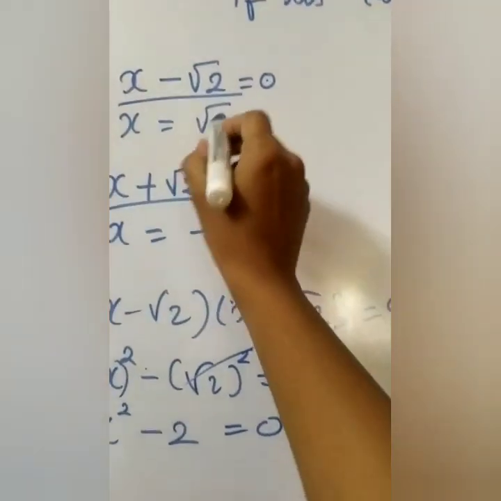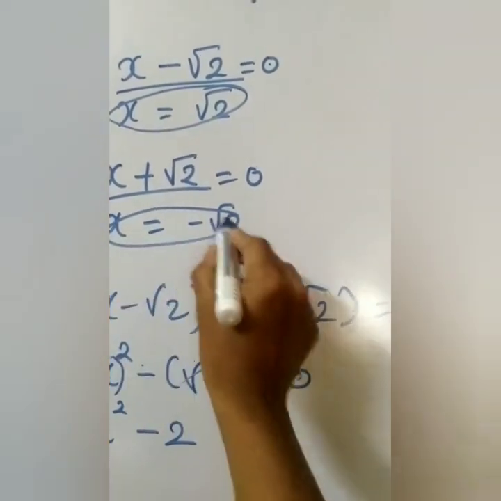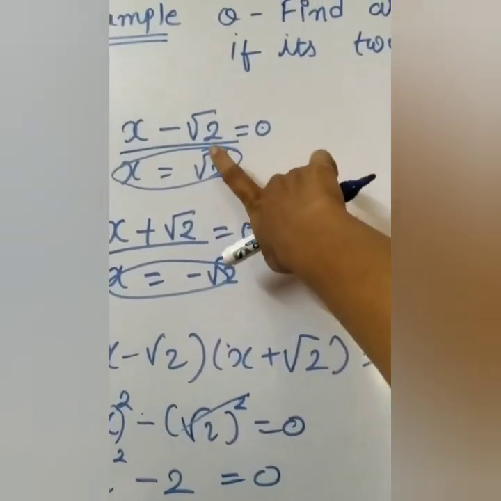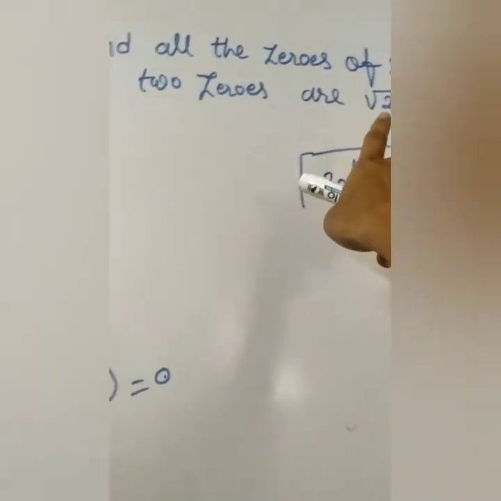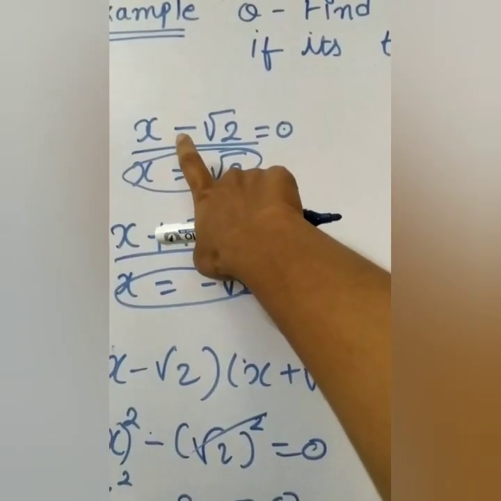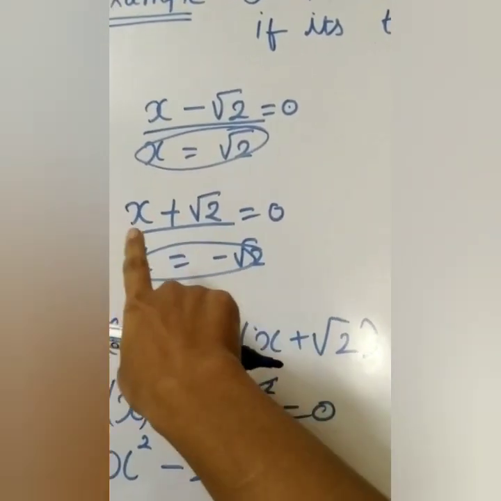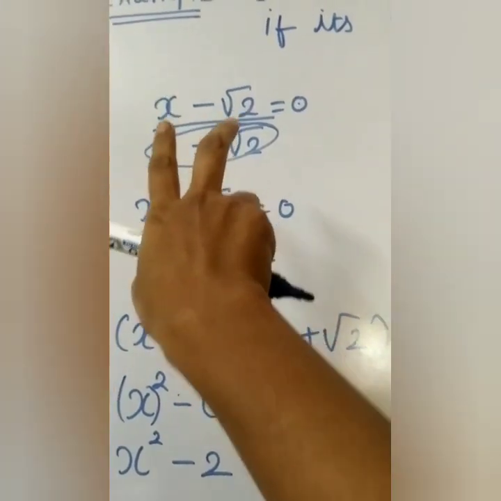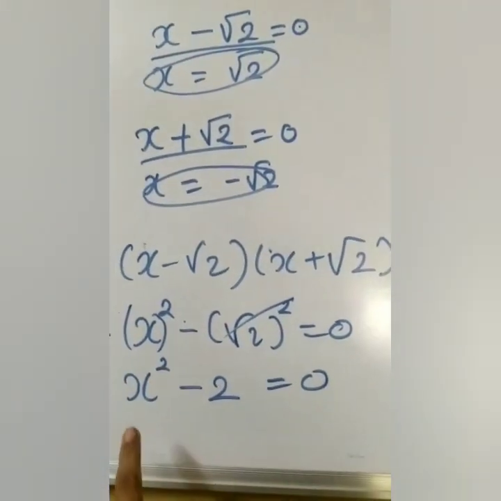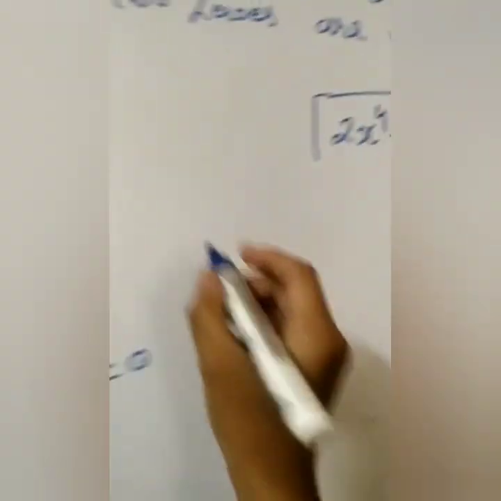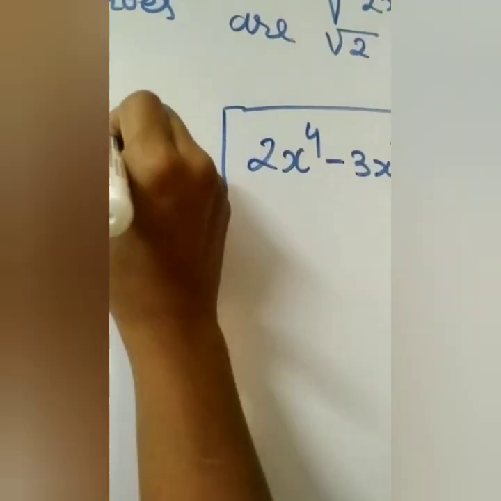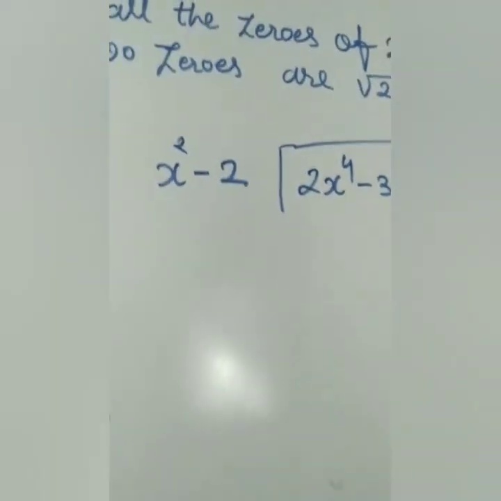We do not have to write all these things, but I was just showing that if your root is positive, with x it is negative, and if your root is negative, with x it is positive. When you take these factors, you get this, and that is your g of x. Now you have to divide by your g of x, that is x square minus 2.